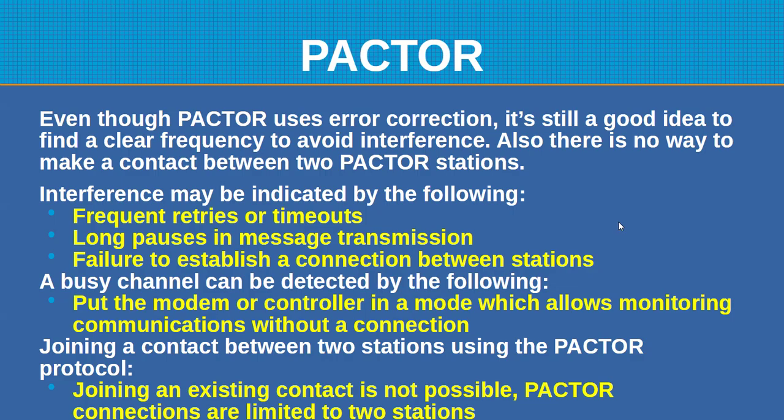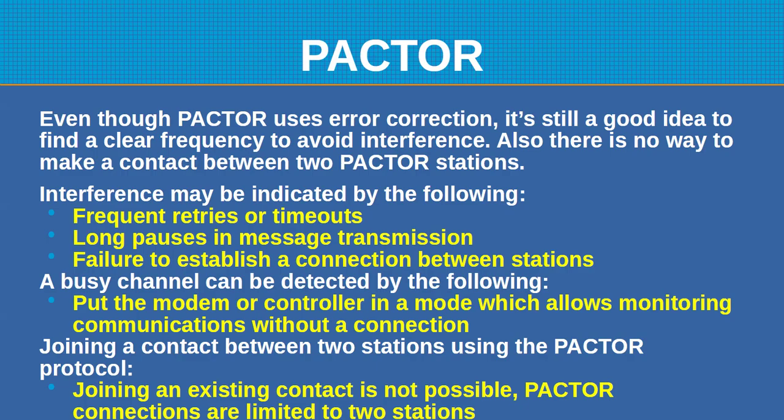Pactor uses error correction. Like I mentioned before, once you make a Pactor connection, whether using WinLink or something else that uses Pactor, because it's a protocol, it's peer-to-peer. So it's only a connection between those two stations. It's not a party line, let's say.